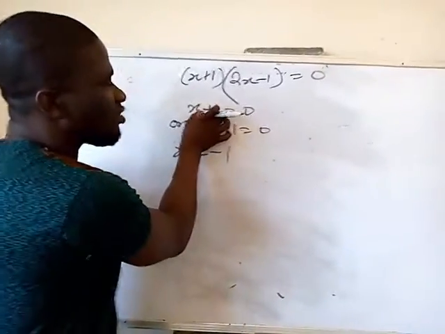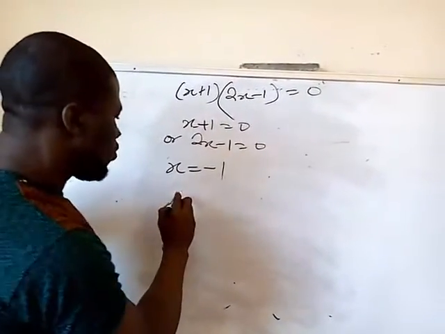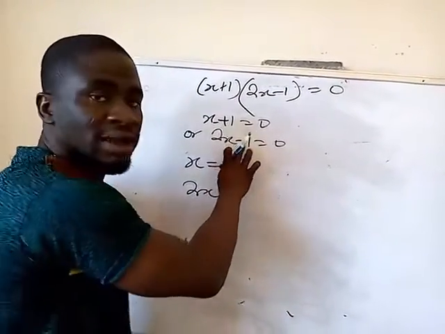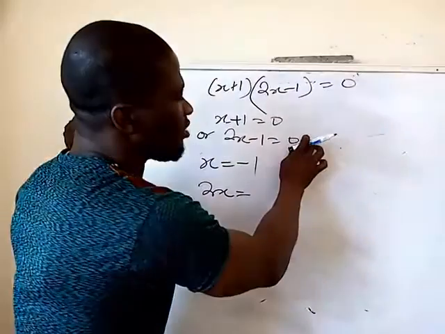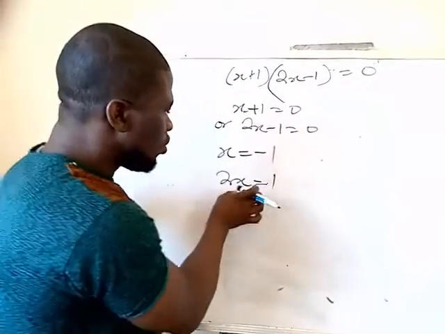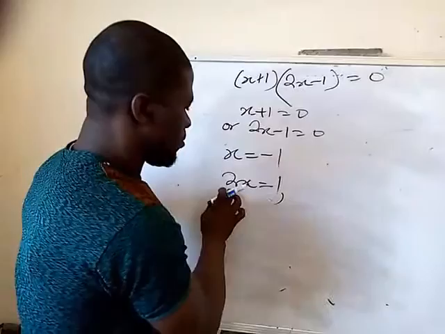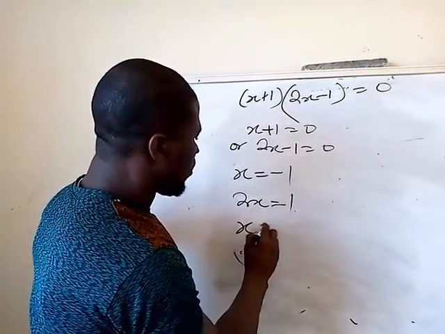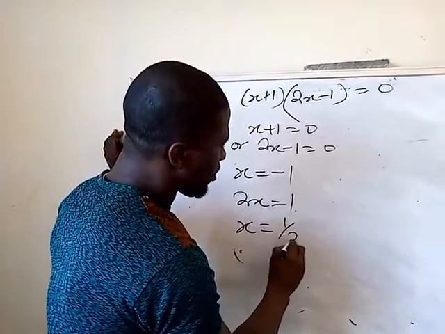We have gotten the first one. And this one now, you have 2x equal to, because this one is minus 1, when it crosses the equal sign, it will change to plus, equal to 1. You divide this one now by 2. When you divide it by 2, you have x equal to 1 over 2.